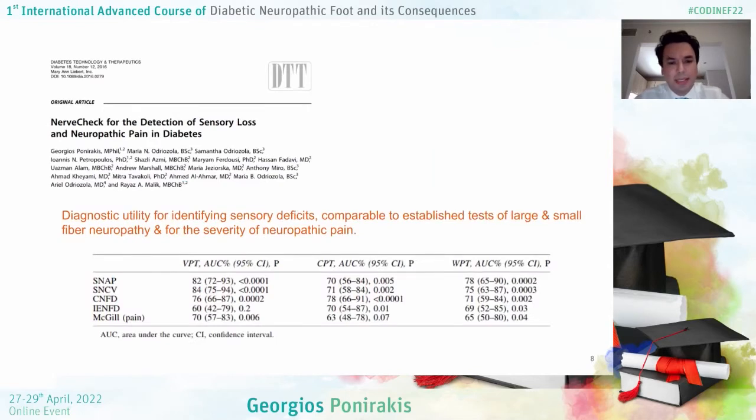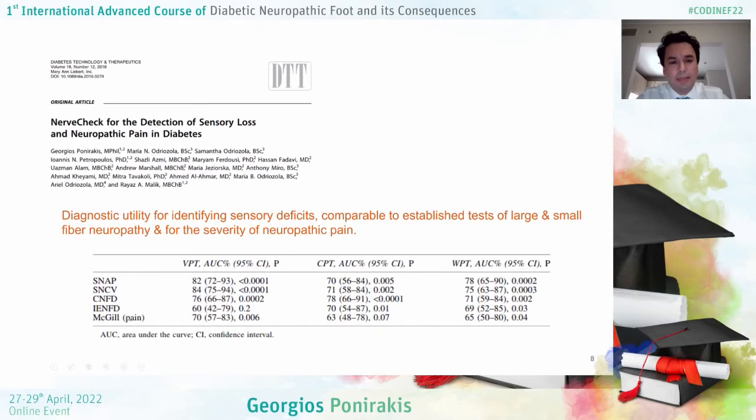In a separate study, we wanted to see how the NerveCheck performs compared to assessments for large fiber using nerve conduction studies, and for small fiber using corneal confocal microscopy and skin biopsy for epidermal nerve fiber density, and the McGill questionnaire for pain.